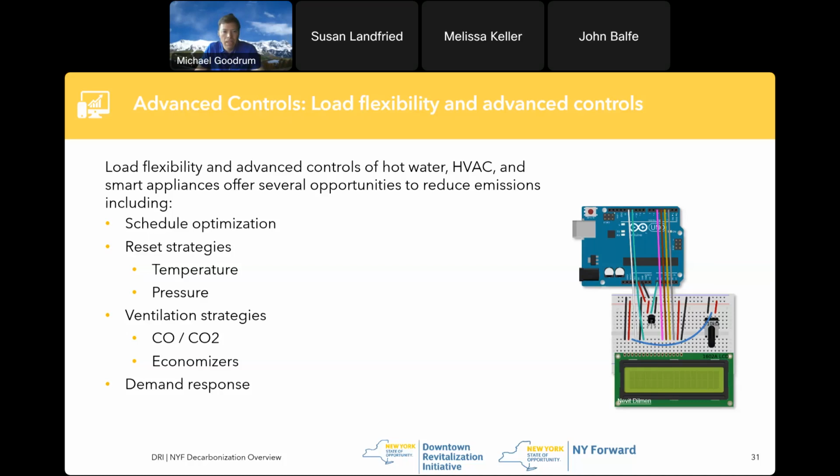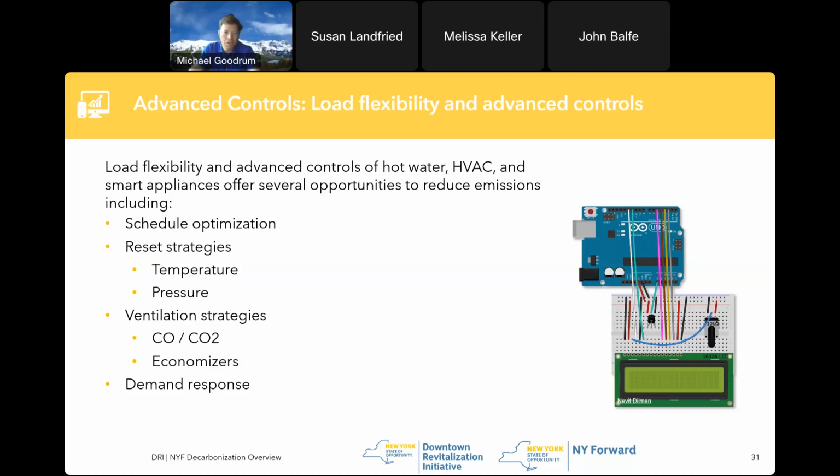So it might be that you turn off the hot water heater during a high electricity period, or things like that. So a good example would be, I think a lot of people are familiar with a Nest thermostat, and a lot of them now are set up where they can talk to your utility and they might adjust the temperature in the building by 1 or 2 degrees, so that you're not using as much energy when electricity costs are highest, things like that.